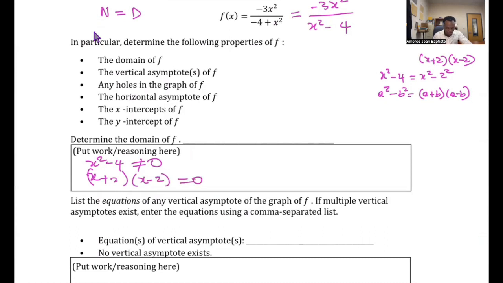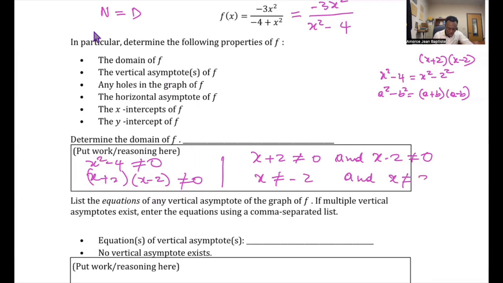Not equal to 0, meaning that x plus 2 is not equal to 0, and x minus 2 is not equal to 0. x is not equal to negative 2, and x is not equal to 2.